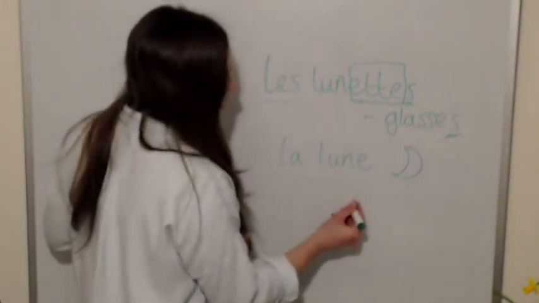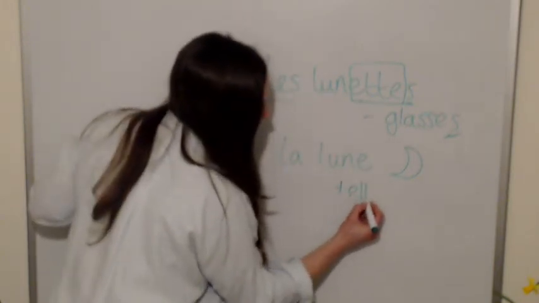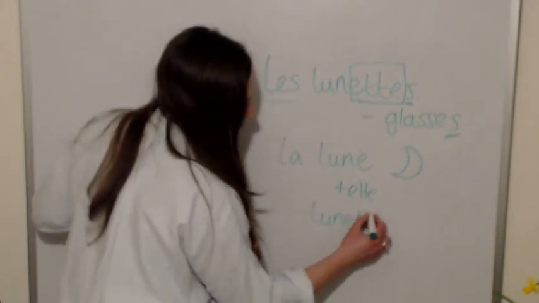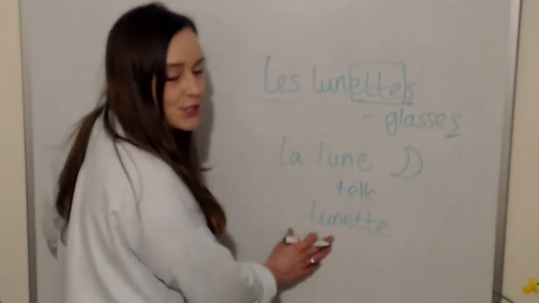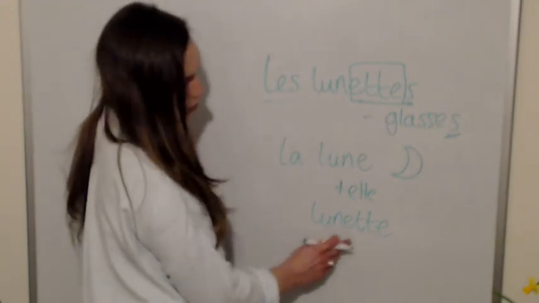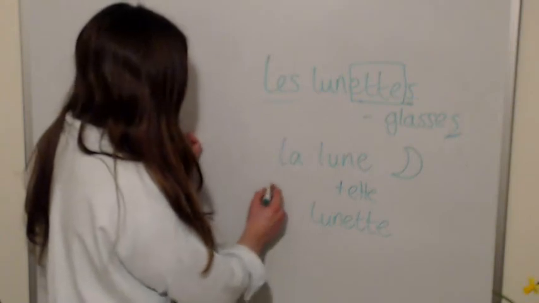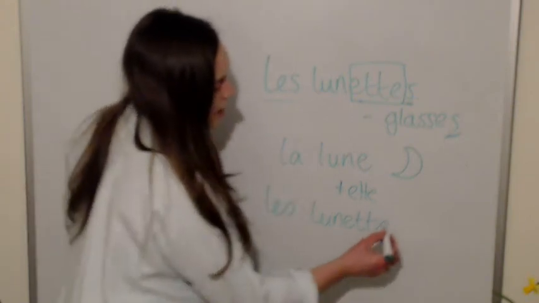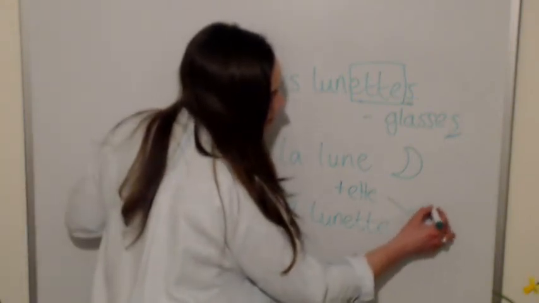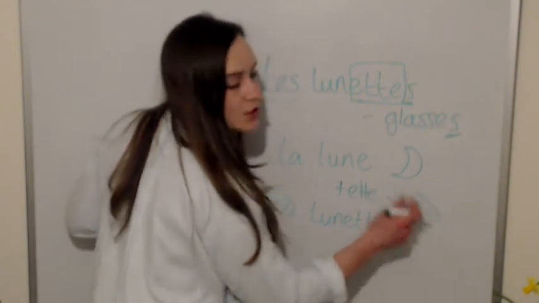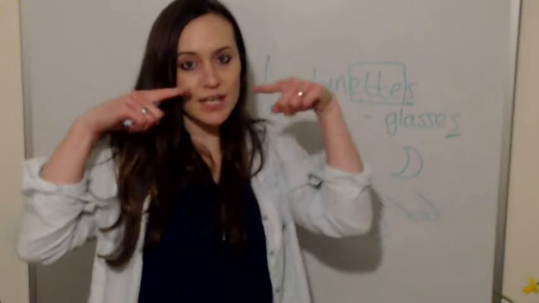So lune plus et becomes lunette. And that literally means little moon. Little moons. So when we have les lunettes, I imagine some kind of old-fashioned glasses that were kind of half moon shaped. 2 half moon shaped, little crescent shapes.